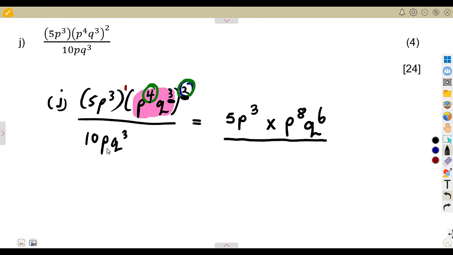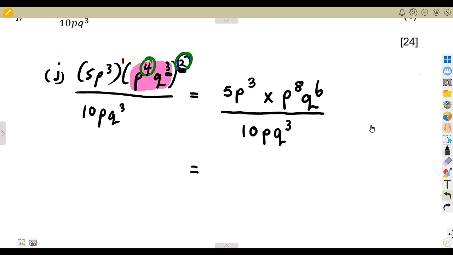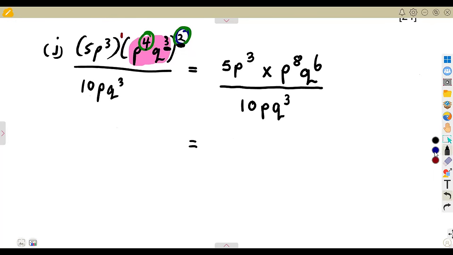So this whole part is over 10pq to the exponent of 3. There's nothing that we can do for now. Okay, let's simplify further. From the numerator, we can see we are back to the bases, which are the same when we are multiplying. So we can consider our laws again. 5 times 1, that is just going to be a 5. So I said if you're multiplying the bases, which are the same, what are you going to do?